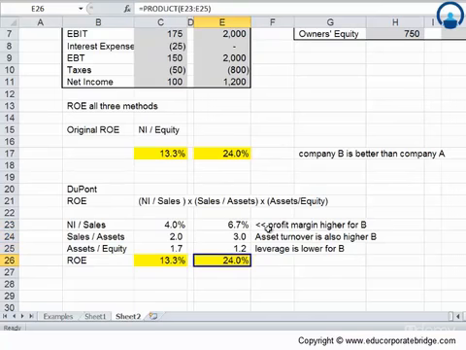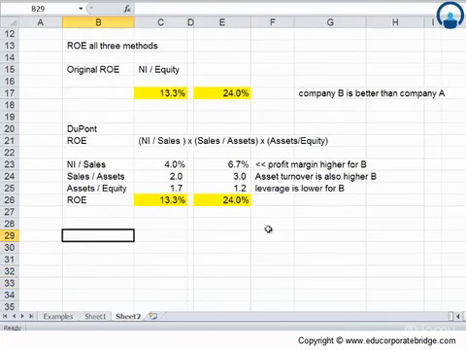So that's why their ROE is relatively higher. So let's now calculate ROE using the extended DuPont method.